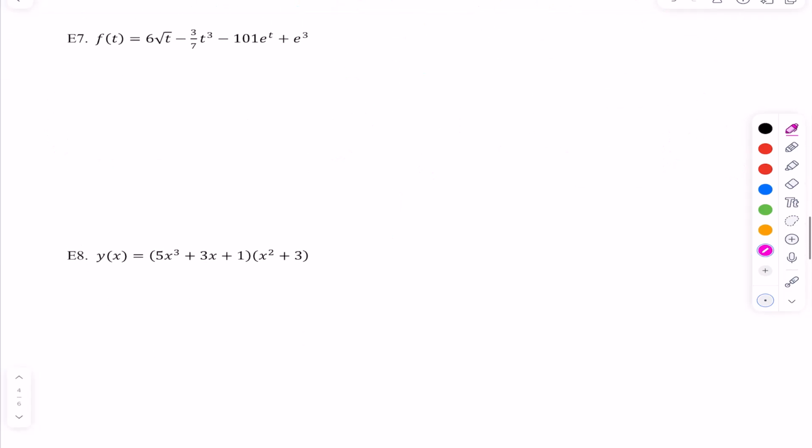A few more examples here. Start with Leibniz notation, and we'll just simply simplify the expression.